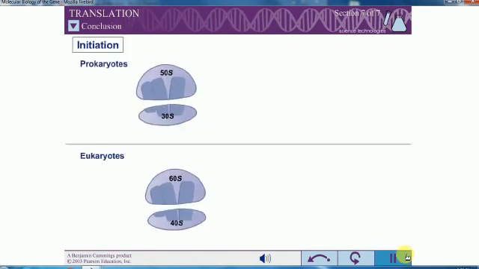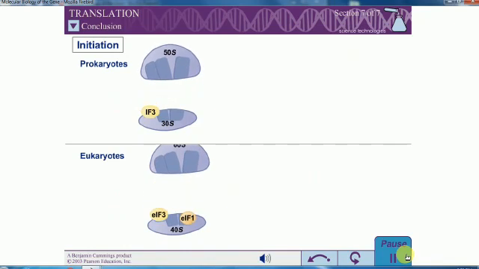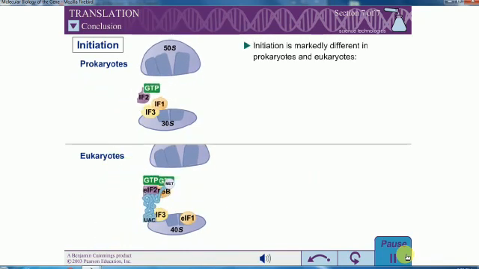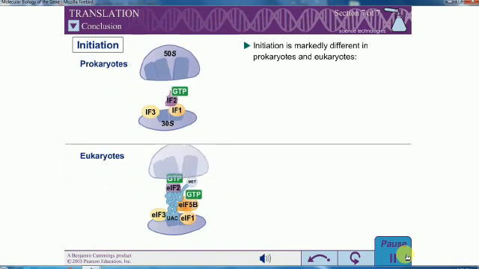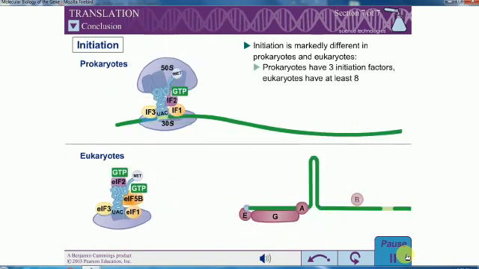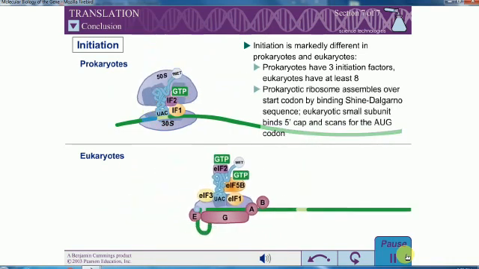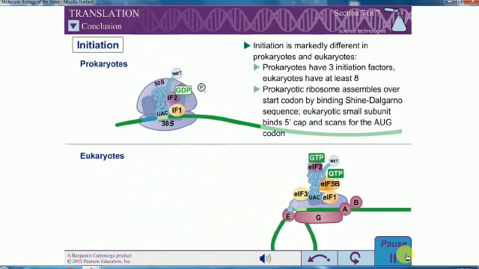Translation is a complicated process involving 3 major steps: initiation, elongation, and termination. Initiation differs markedly in prokaryotes and eukaryotes, but in both cases utilizes a number of initiation factors and functions to seat both subunits of the ribosome properly over the start codon of the mRNA.